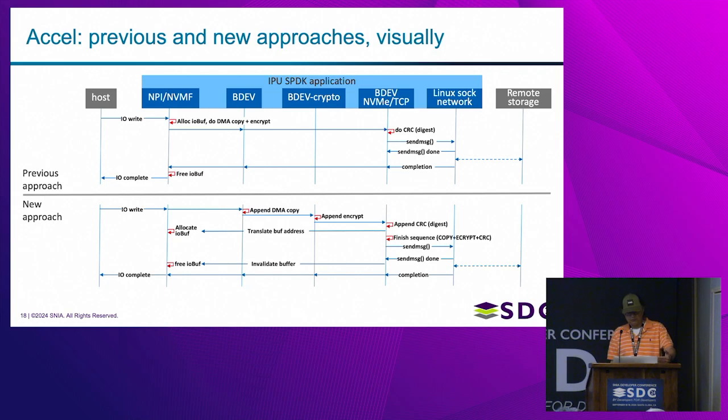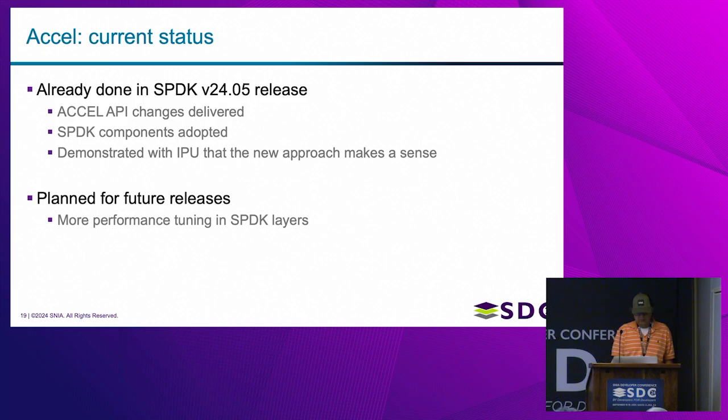This shows the two approaches side by side: the previous approach of two operations and the new approach of combining both operations in one. So in terms of status, SPDK version 24.05 has already been released. This one has the API changes that I mentioned all delivered.